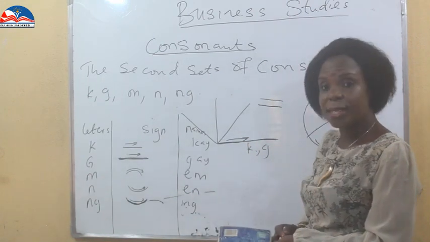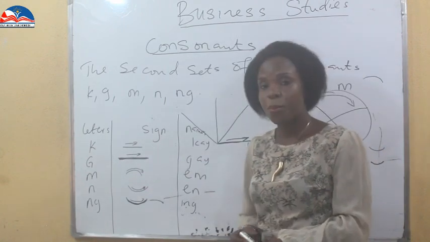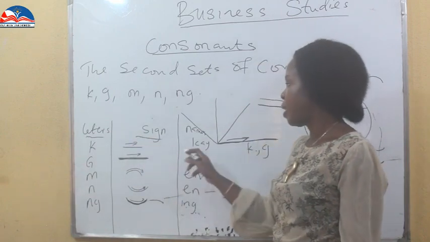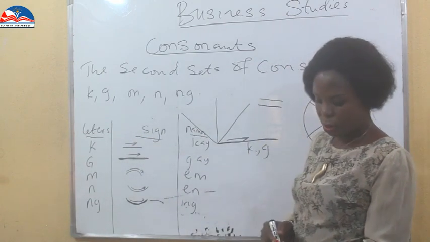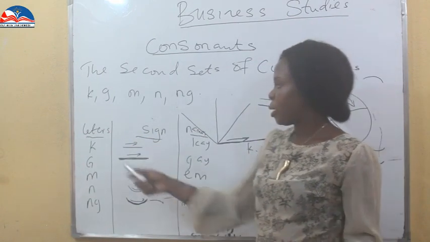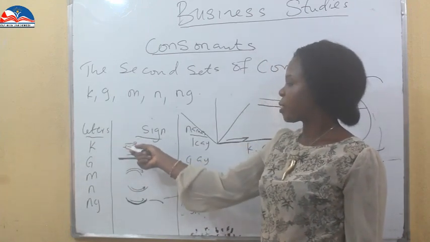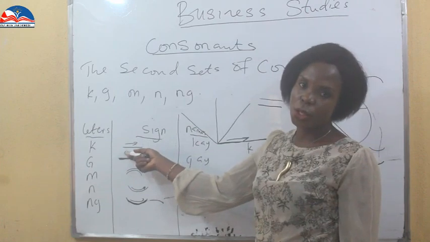So now let's look at the examples here. These are the letters we are representing in shorthand. These are the signs. And these are the names we are going to use. K, K. The K carried a light stroke.